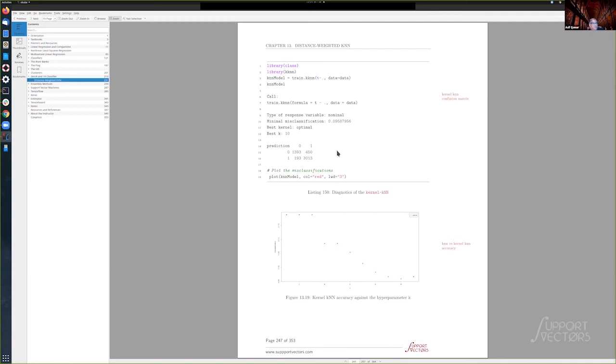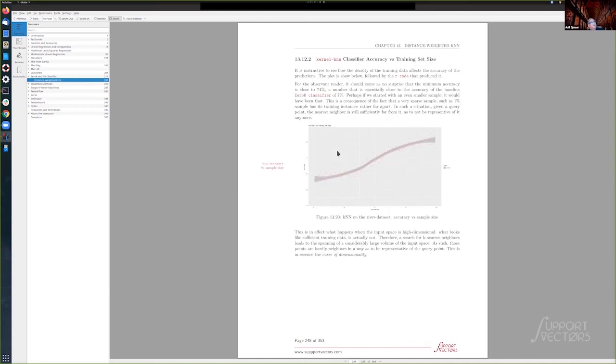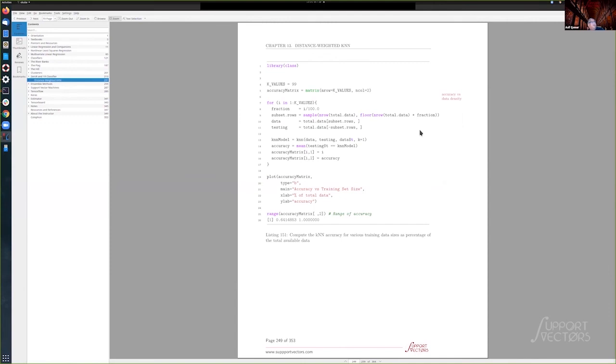When you do that, you realize that the bigger the sample, the better the accuracy, which means that in lower dimensional spaces, KNN works well. In high dimensional spaces, you begin to get into trouble. There's the curse of dimensionality that we talked about. So this illustrates that.